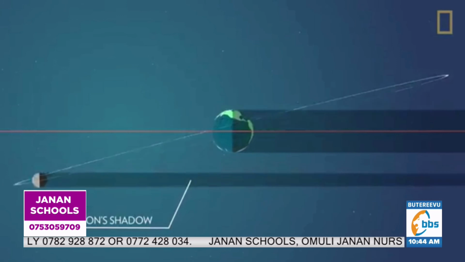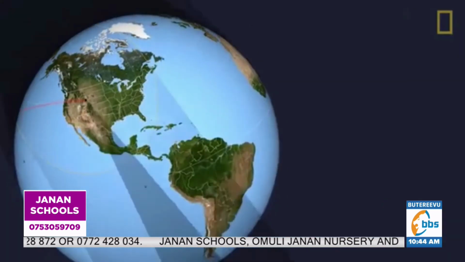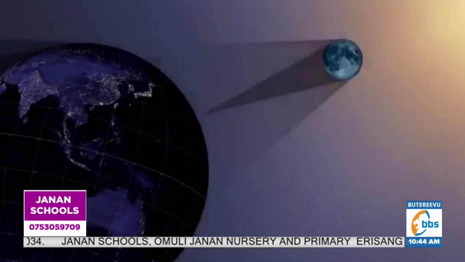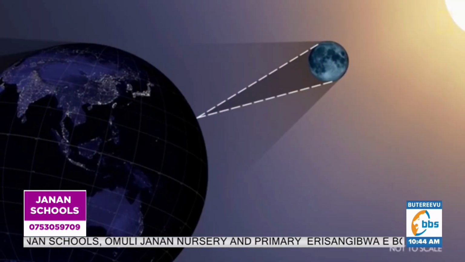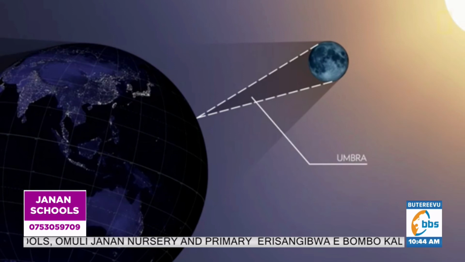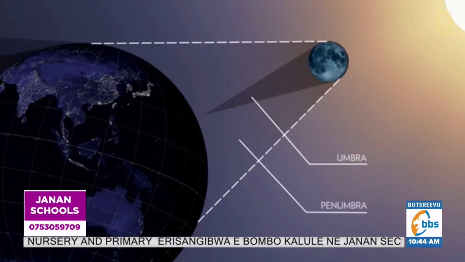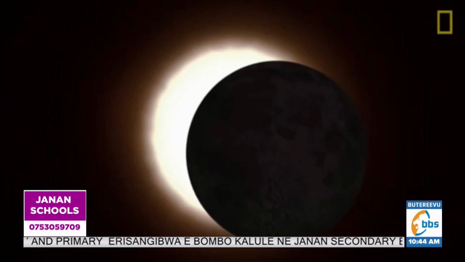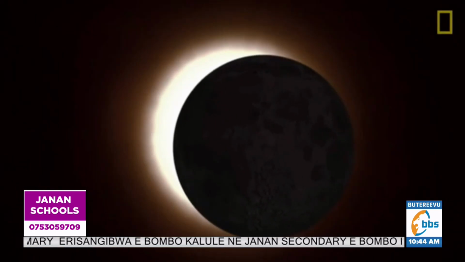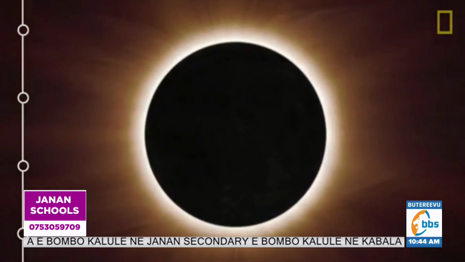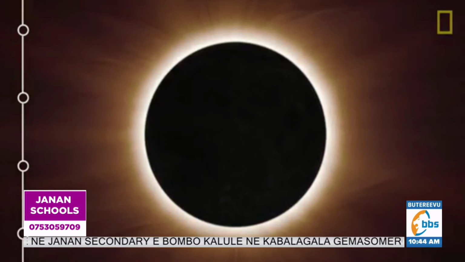Bw'oyagala kuva ku nsi kuno ogende ku mwezi, obw'olina otambula kilometers 384,400 kilometers. Is that okay? Those are about 239,000 miles. Bw'oba oyagala okutuuka ku mwezi, that is what you are supposed to move.